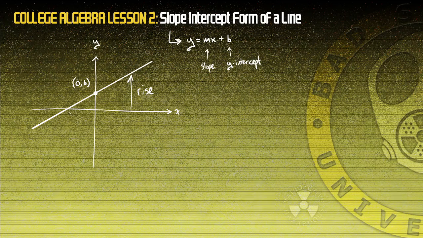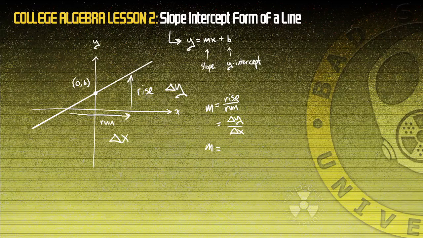So how high up does the line go and how far over? So the rise is going to be the change in y, and the run is going to be the change in x. And the ratio of those two is going to be the slope. So m is rise over run, which equals delta y over delta x.